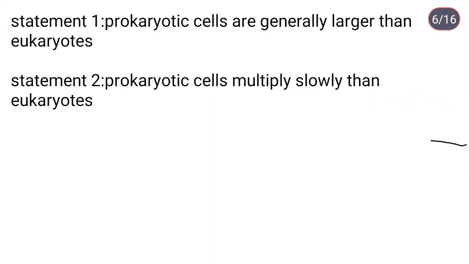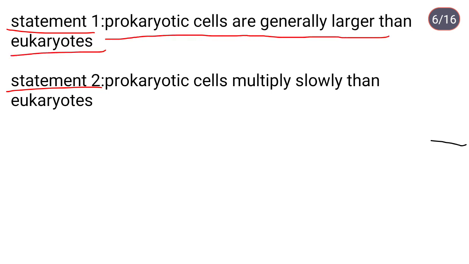Next question is a statement based question. The first statement says that prokaryotic cells are generally larger than eukaryotes. The second statement is that prokaryotic cells multiply slower than the eukaryotes.